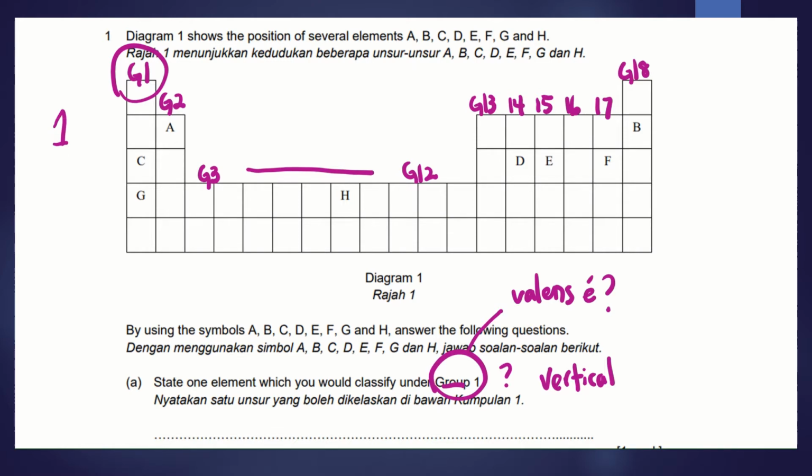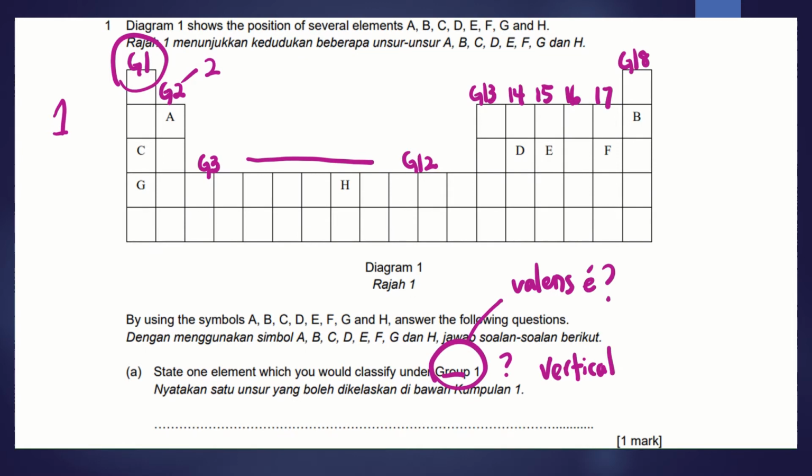Group 2 elements have 2 valence electrons. Same goes to group 13, 14, 15, 16, 17 and 18. So for A, which element would you classify under group 1? Group 1 is for atom C or atom G.